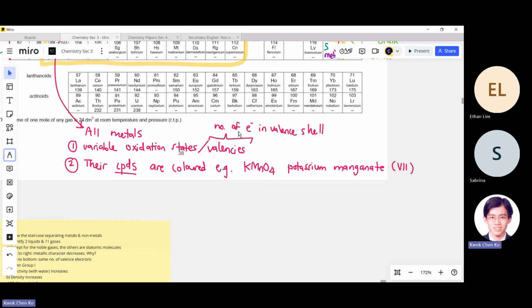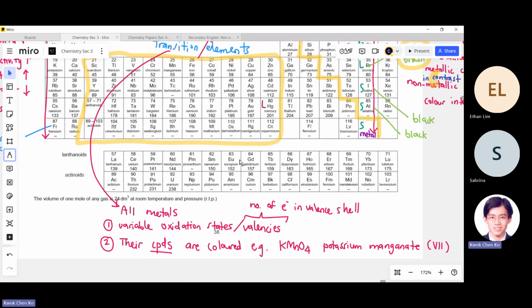Okay, make sure you know where's manganese. It's right in the center. Manganese is right here.